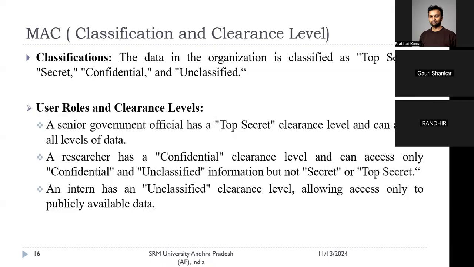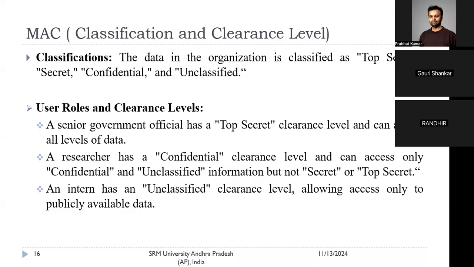So these are the classification of your data, resource, or file, or whatever transaction you are using. In that, different labels will be defined, and then the role of each user will be decided. Like a senior government officer has a top secret clearance label and can access all levels of data.